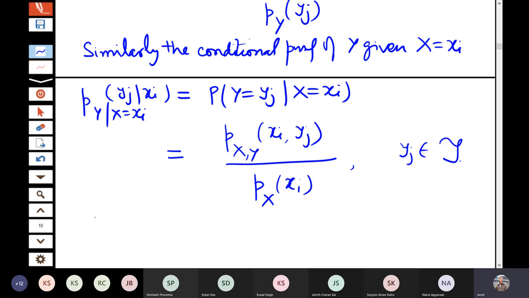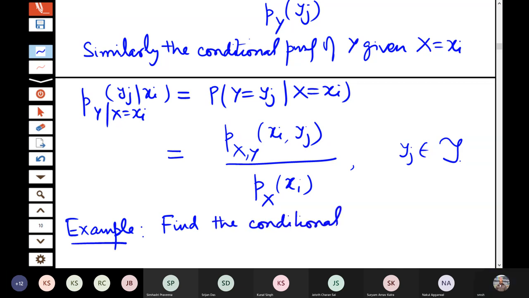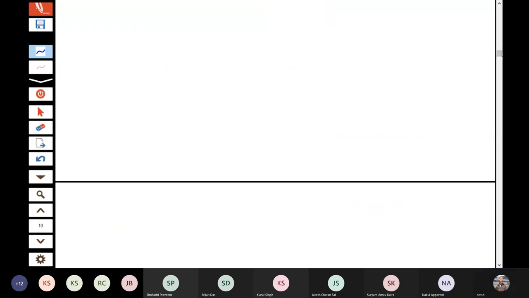So for example, in the earlier thing that we have done, suppose I want to find out the conditional PMF of y given say x is equal to 0. Okay.